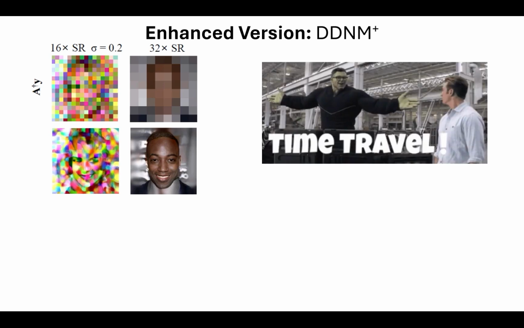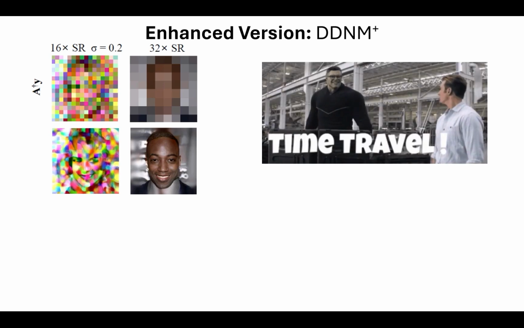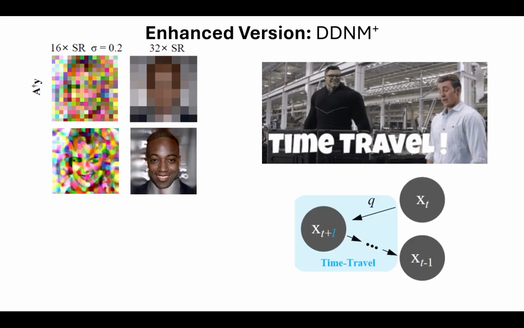But to tackle these issues, the authors have proposed a simple solution that is time travel. In this solution, they say once we are at xt and we want to go to xt minus L, instead of going as usual, let's come back to xt plus L and do it sometimes, and then go from xt plus L to xt minus L. And this way, once we go to xt plus L, we're at a position that is noisier, and the denoiser has more option to refine the null space.